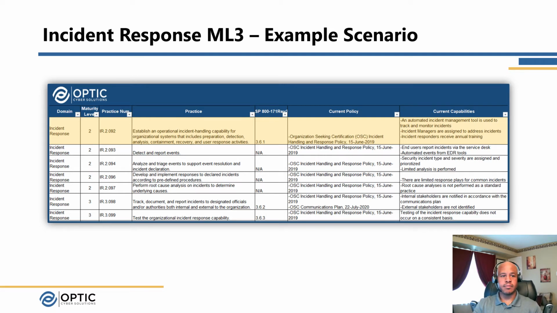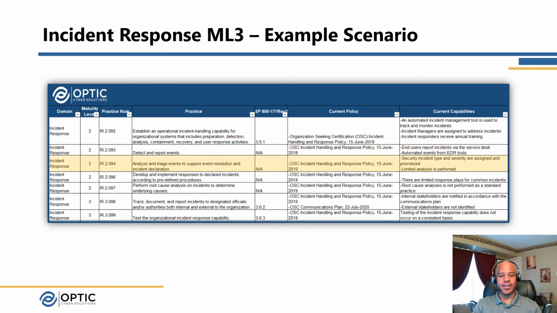The second practice here is around detect and respond. You see there is no reference for 800-171. In this respect, it looks like they're using the same incident handling policy to cover this practice. Detect and response capabilities are end users using the service desk, and then automated endpoint detection and response tools to provide the ingest of detection and response capabilities.